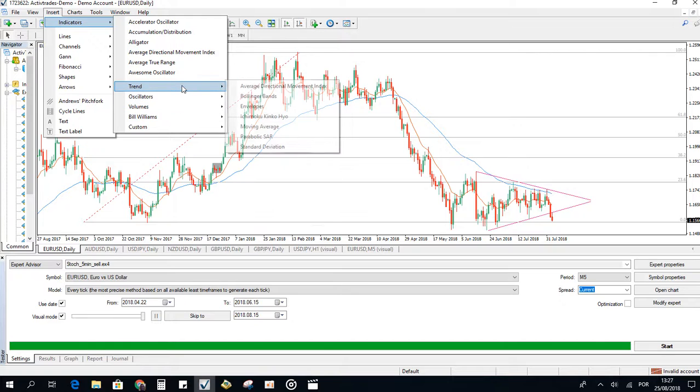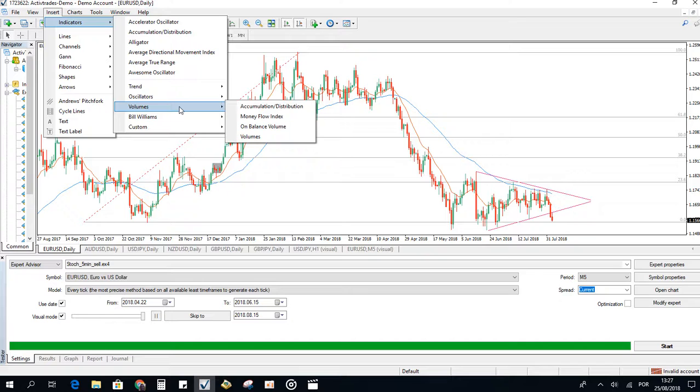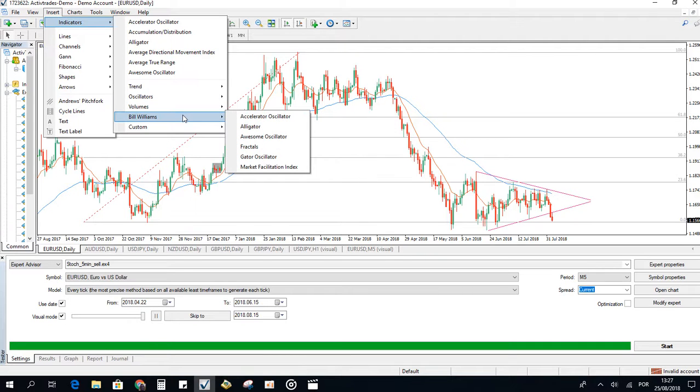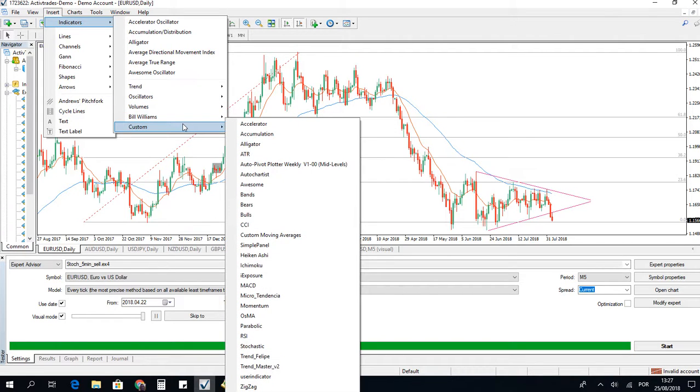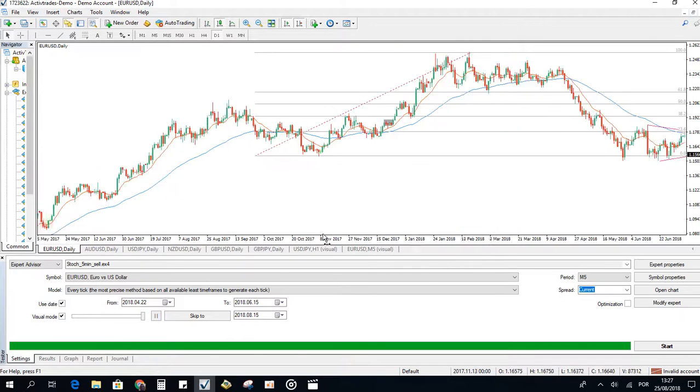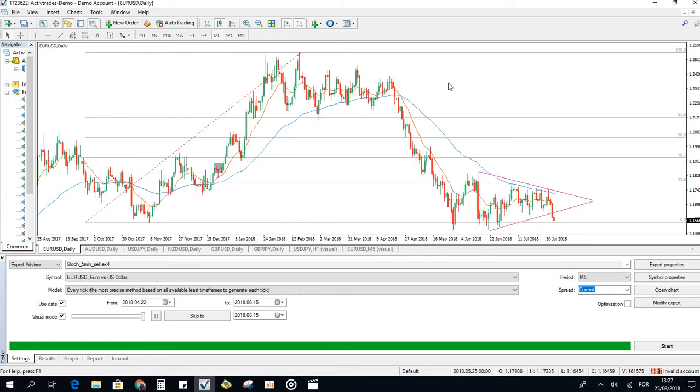It's available, like indicators for trends, oscillators, volumes, Bill Williams, and these custom indicators that I have collected so far. I don't use too many indicators, just a few.